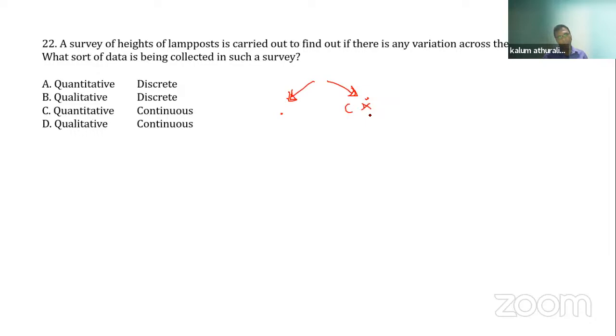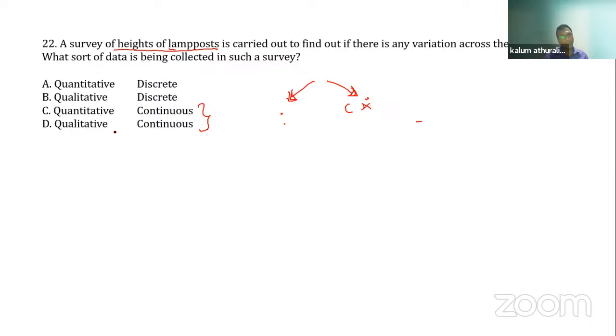Countable or measurable. Then height of the lamp post, what will we do? Counting or measuring? It's measuring. Measuring means continuous data.